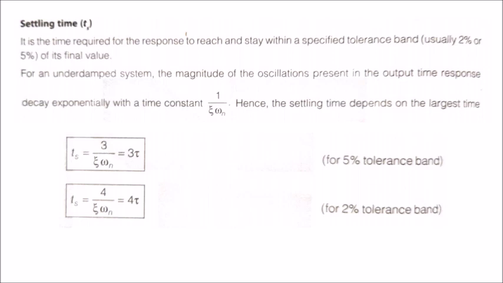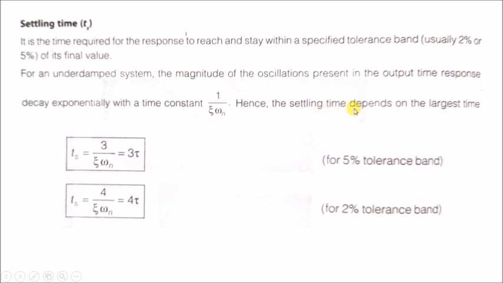For an underdamped system, the magnitude of the oscillation present in the output time response decays exponentially with a time constant of 1 by zeta omega n. So with the time constant, we need to find the steady state time or settling time.